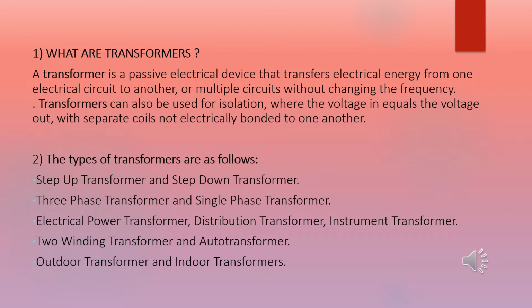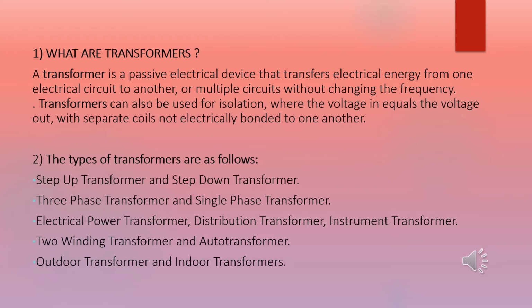There are the following types of transformers: step up transformer and step down transformer. Step up transformer means the electrical voltage that is given as input will be stepped up. Stepped up means the value will be increased. Example, if you are giving an input value of 420 volts, in a step up transformer it can be increased to more than 420 volts.